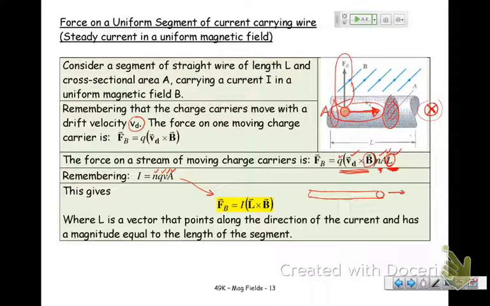I is the current flowing through the wire. B is the magnetic field. And that enables us to do calculations when we're dealing with a length of wire with a certain current flowing through it in a magnetic field.